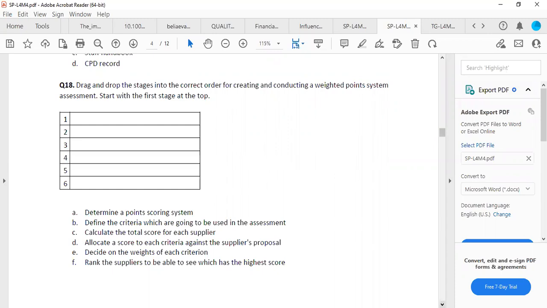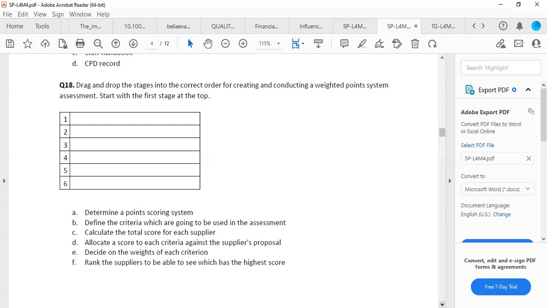Then question 18, drag and drop the stages into the correct order for creating and conducting a weighted point system assessment. So the weighted point system assessment.